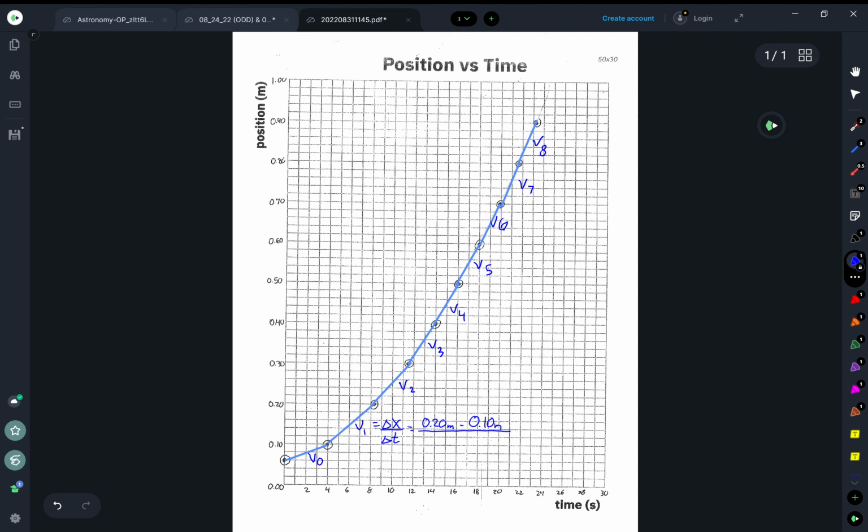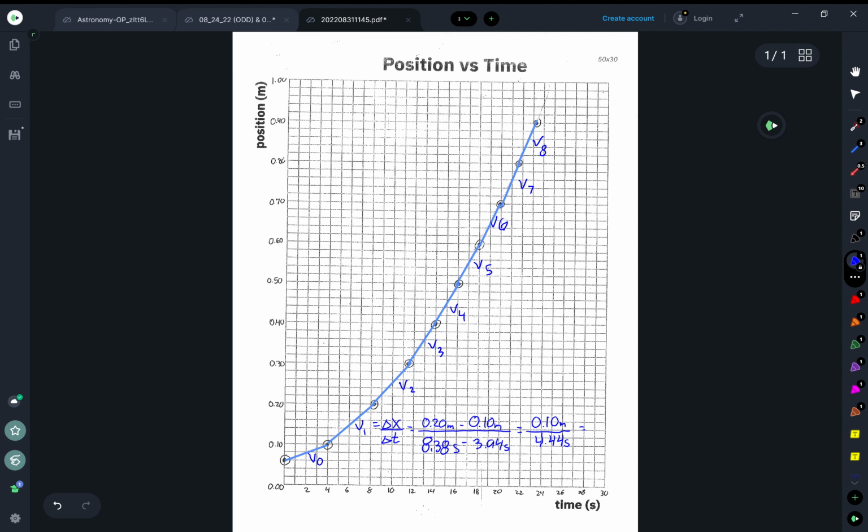The time at the position of 0.20 meters is 8.38 seconds, and this is using my data. You will definitely have slightly different values here. My time at a position of 0.1 meters was 3.94 seconds. So my change in position, I would have gained 0.10 meters, and that would have occurred over a time interval of 8.38 minus 3.94 seconds. So that's 4.44 seconds as my change in time.